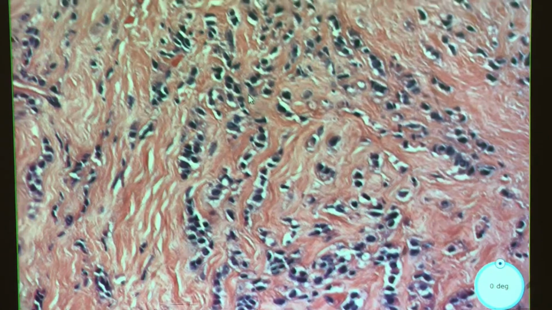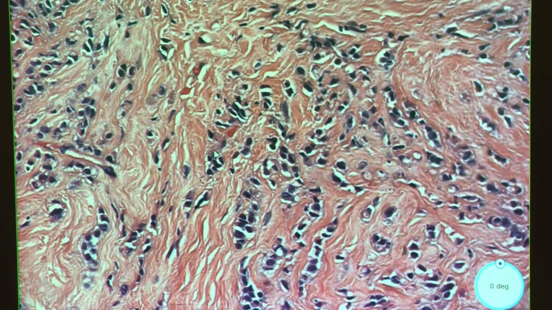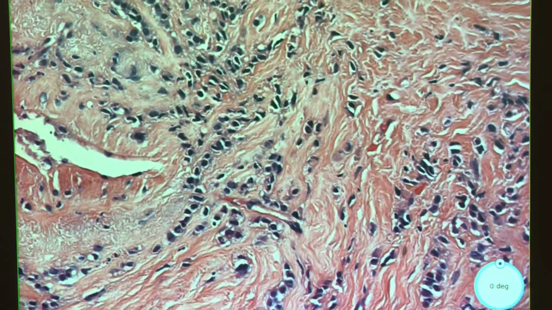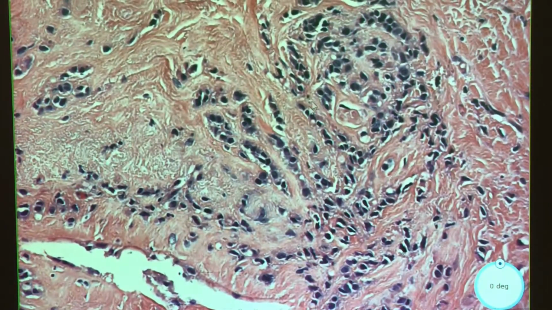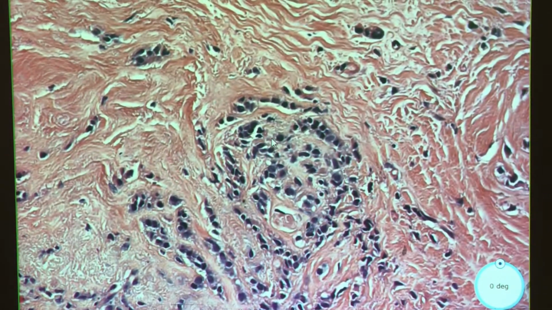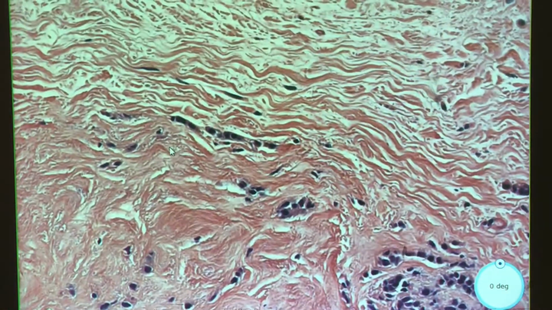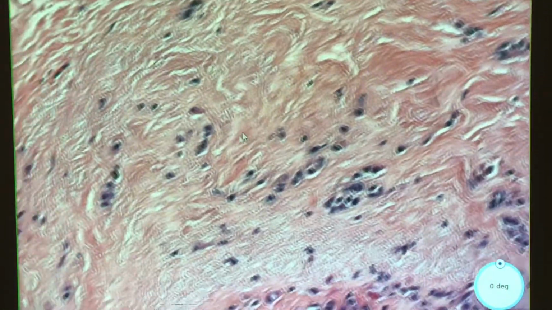Then when we look at the nuclei, even though some of them are squished, they're relatively the same size. They're very bland. We can't go higher to see much else, but they're relatively the same shape, size, intensity. So you could go 1.